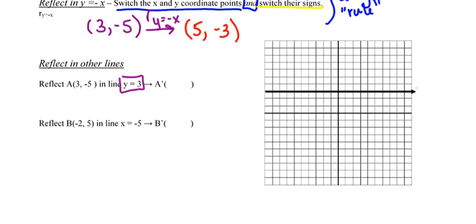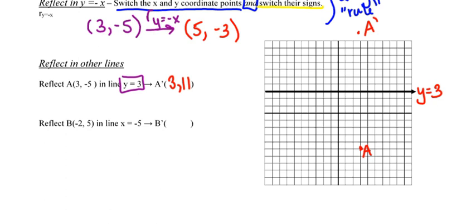The point that I want to reflect over that line is the point with coordinates 3, negative 5. So the point 3, negative 5 is exactly 8 units beneath that line. Its image is going to be exactly 8 units above it. So I'm going to call this one A and this one A prime, and its coordinates are 3, 11.